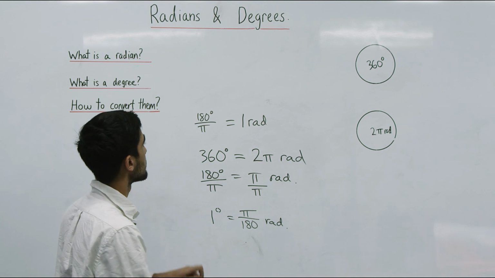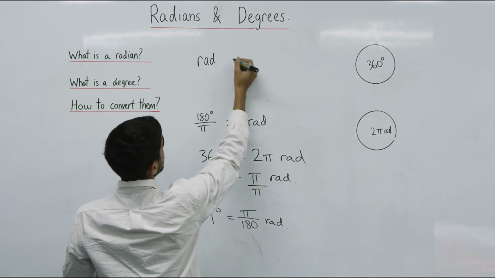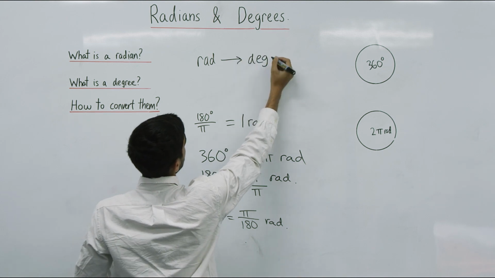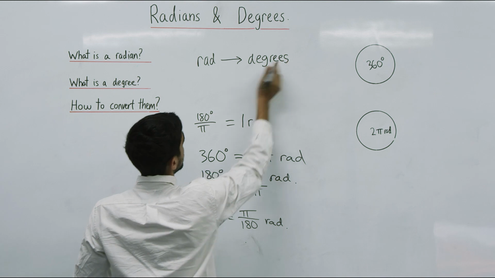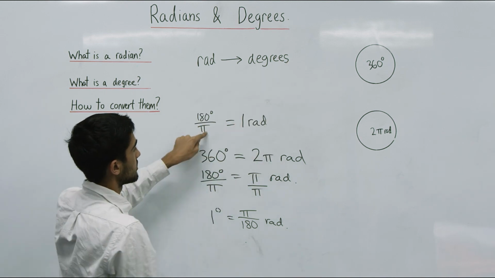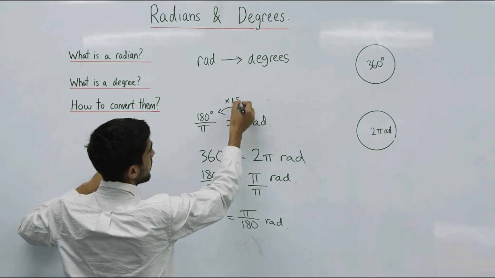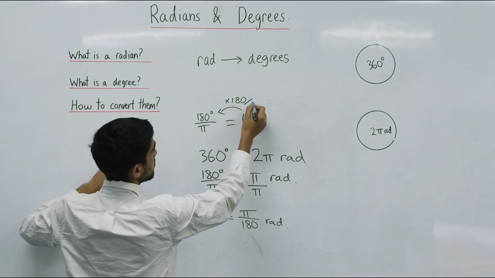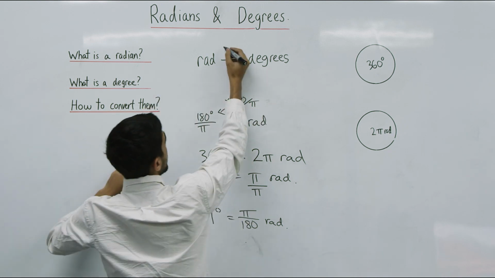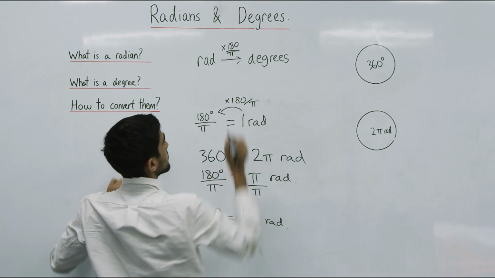What that means for us is that to convert from radians to degrees, I'm using rad as shorthand for radians, we have to multiply by 180 divided by pi. So to go from radians to degrees, we multiply by 180 divided by pi.